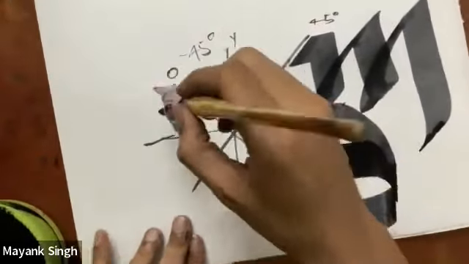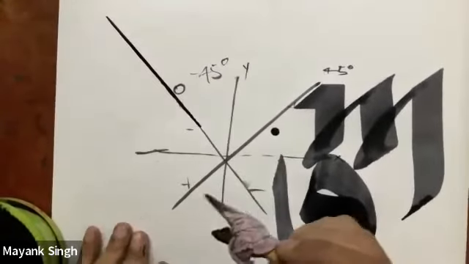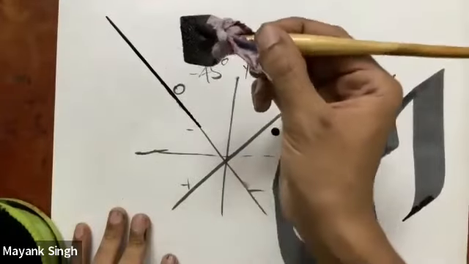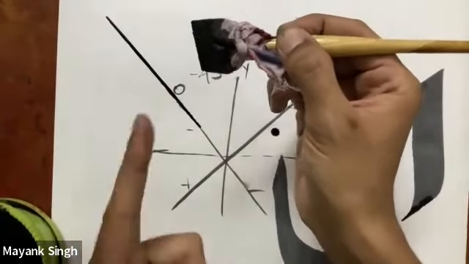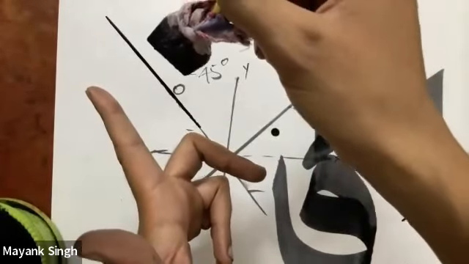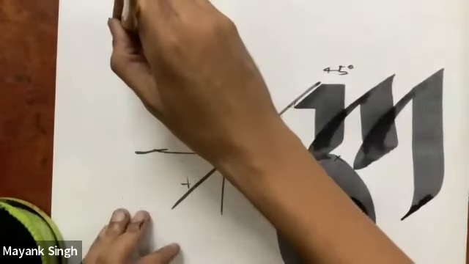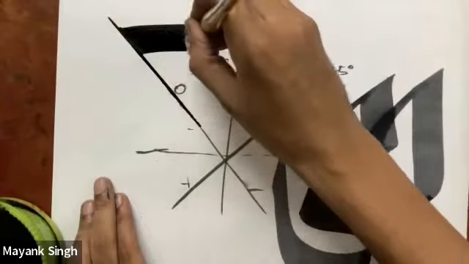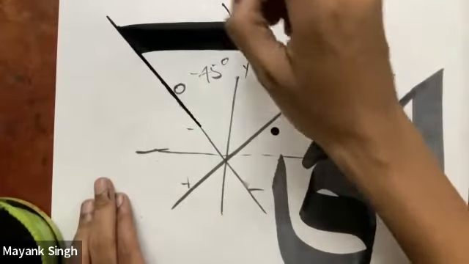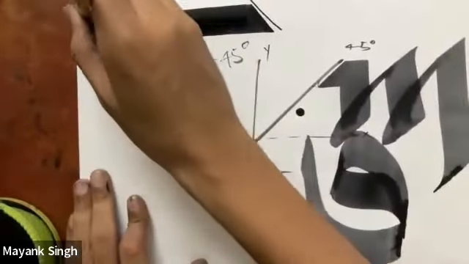And Hindi is on this angle. So you align your column. So for example, if this is your column, this is 45 degree. So you have to align it with the line like this and make strokes that are 45 degree, negative 45 degree in angle.